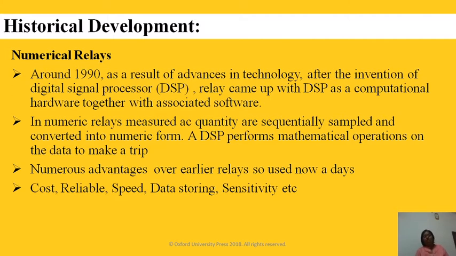This numerical relay operates within 10 milliseconds. Data storing capacity and sensitivity are also advantages of the numerical relay. So we are using numerical relays all over. In every substation, electromechanical relays have been replaced by numerical relays.